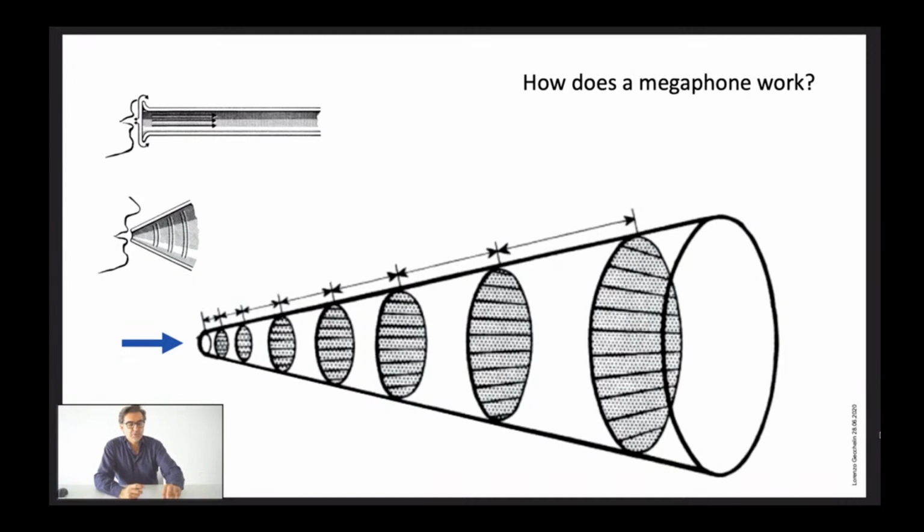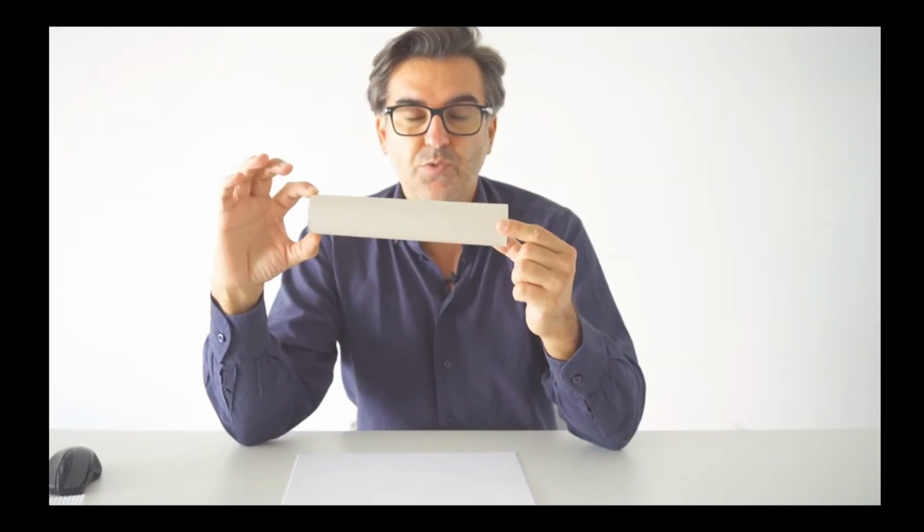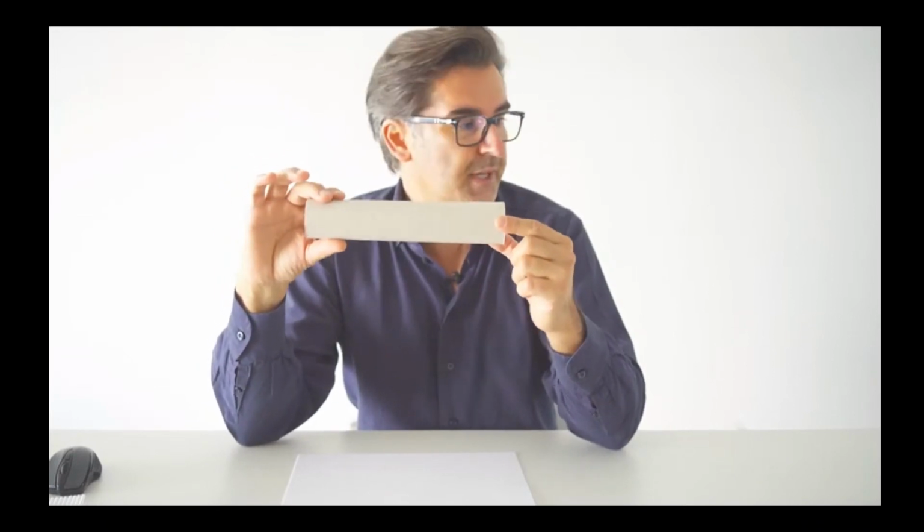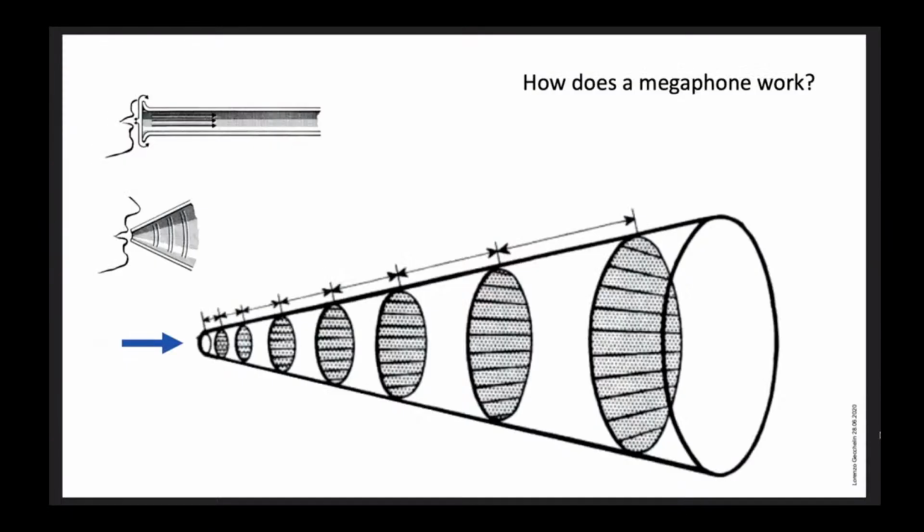If you speak into a simple tube as this one, you'll have the first condition of sound spreading. The voice enters this side and goes out on the other side with the same, let's say, dimension. It enters here and it goes out on the other side.